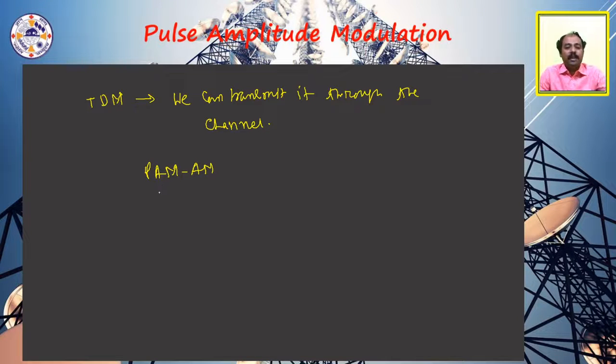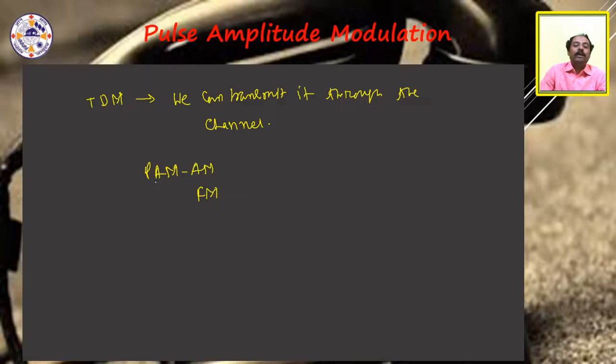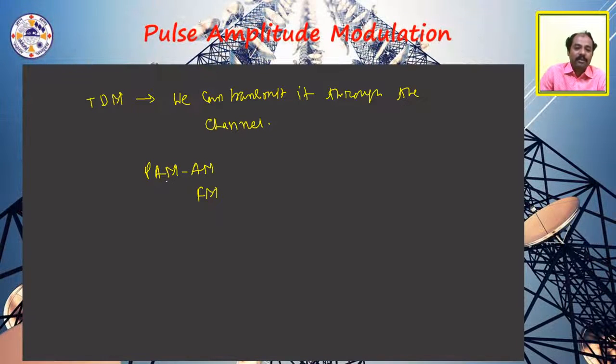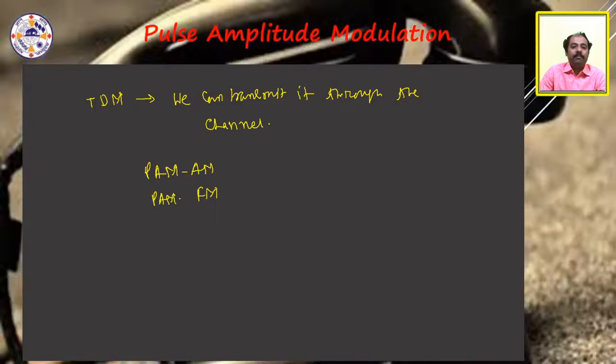I can transmit it through amplitude modulation or through frequency modulation through the channel. When we transmit this PAM signal through amplitude modulation, this is called PAM-AM. When we transmit this pulse amplitude modulated signal by frequency modulation, then this is called PAM-FM.